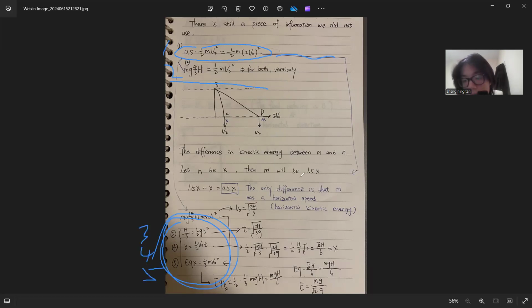We first find the x of the fourth formula right here. And the fifth formula is the only one with E, which is what we're going to find. So we can substitute the x into this equation and we can get E.